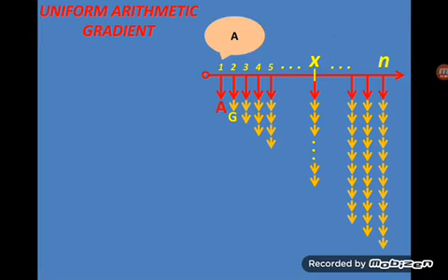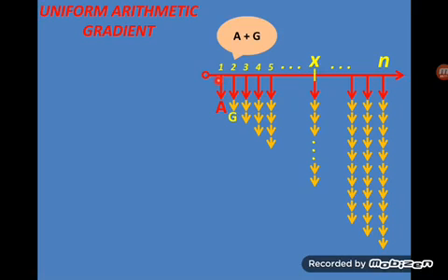Observe that our first cash flow is A. Our next cash flow should increase by a certain amount, which in this case is G. So at the end of the second year, our cash flow is A plus G. Observe that we added only G at the end of the second period.